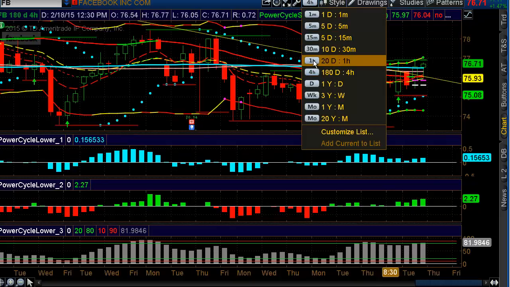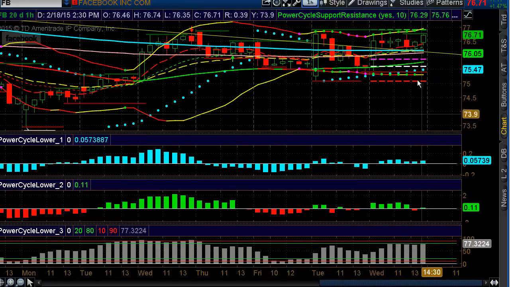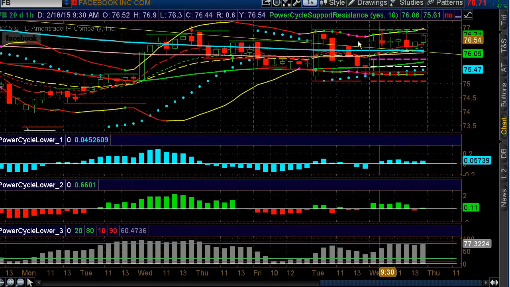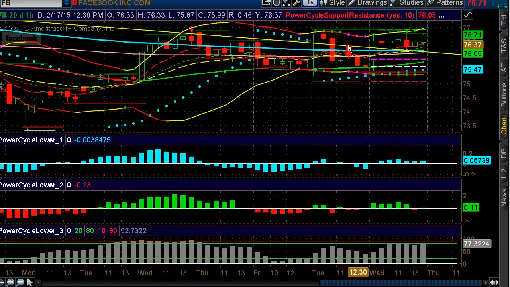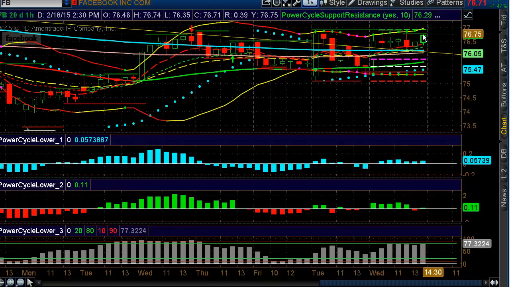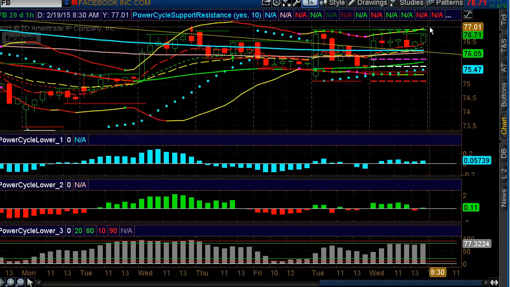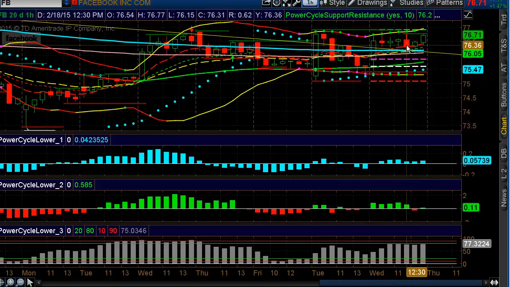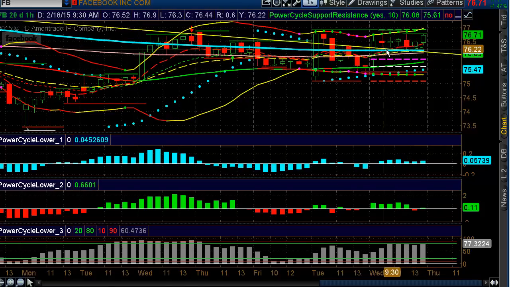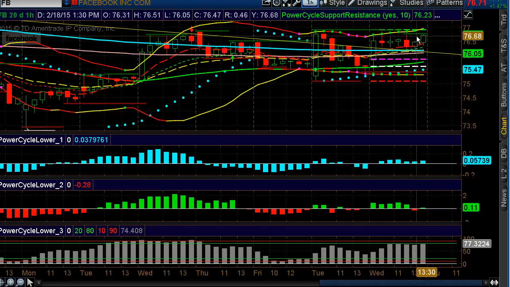And here's the hourly time frame. Momentum indicators are up. So this is telling me there's a high probability that Facebook is setting up for a break to the upside. Then what I'll do next is look at option strategies with defined risk to trade to the upside on Facebook. So I hope this helps.